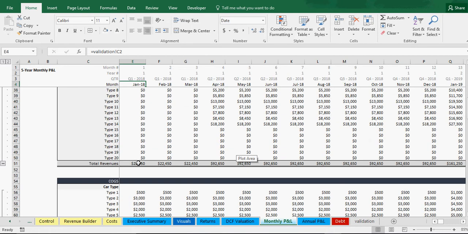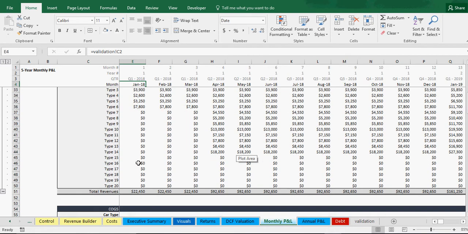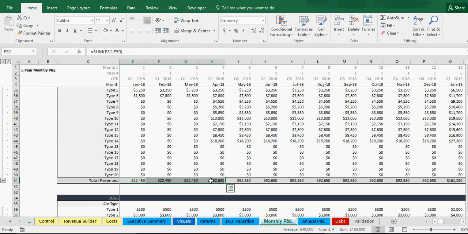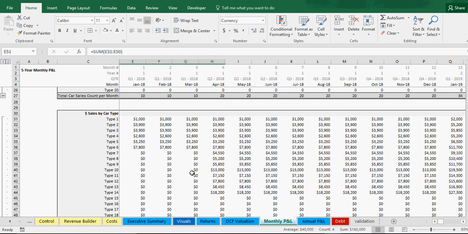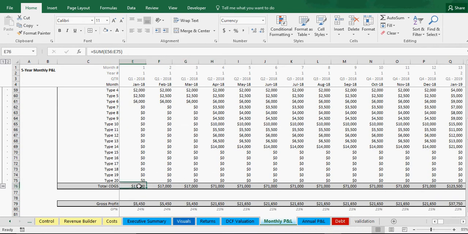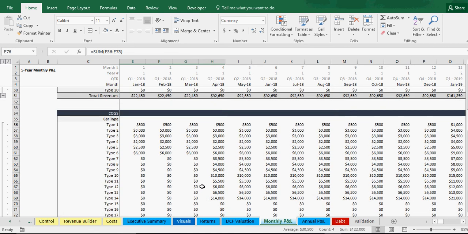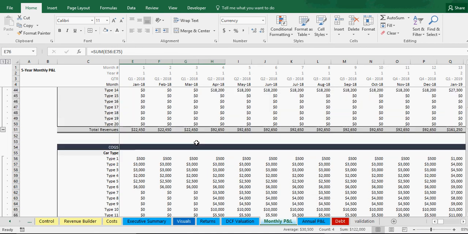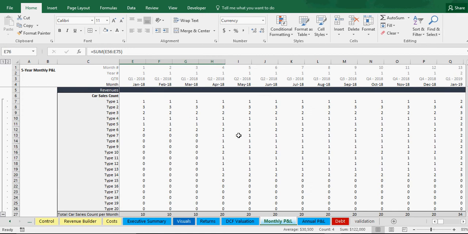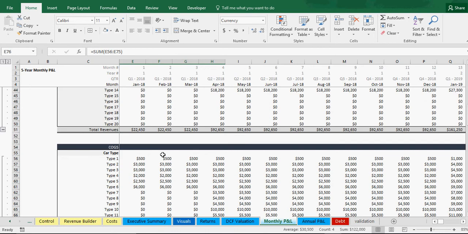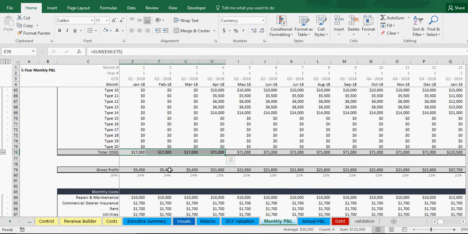The first 4 months you can see we only have 160,000 worth of, oh, sorry, those are revenues. 122,000 worth of cost of goods sold. So it's saying, assuming you do sell this amount of cars here, and this is all based on what we just built in the assumptions tabs, it's going to cost you 122,000. So you got to buy all the inventory right now.